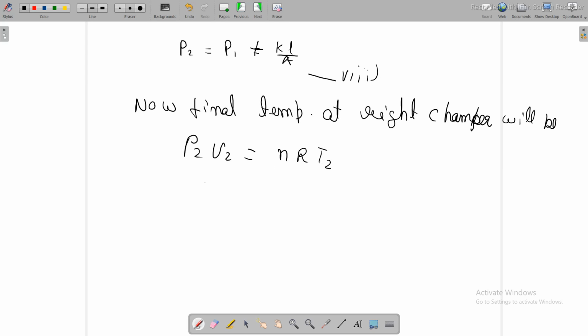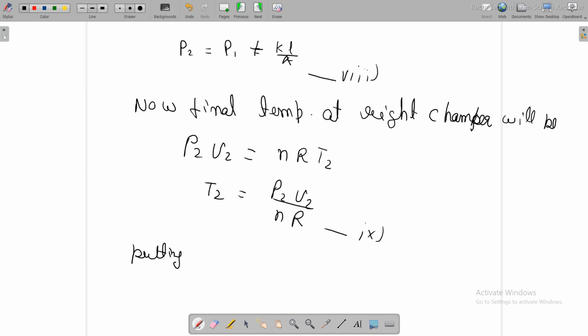Therefore T2 is equal to P2 V2 over nR. This is equation ninth.